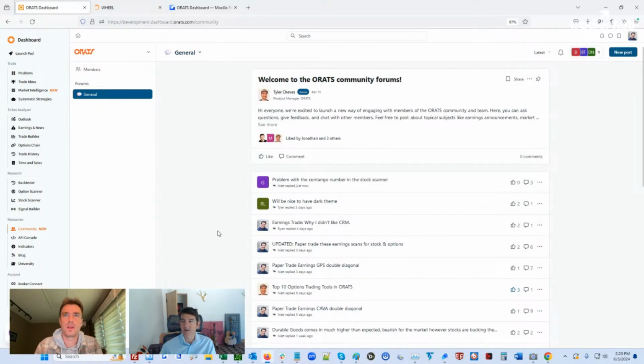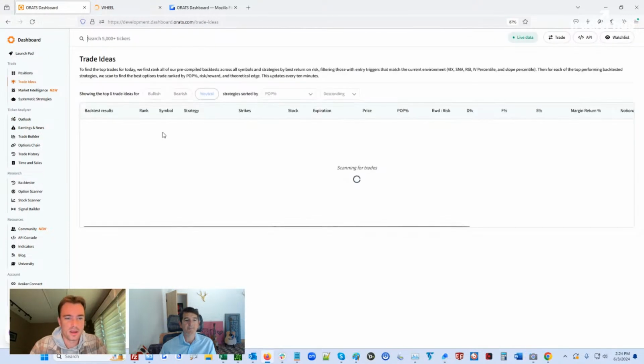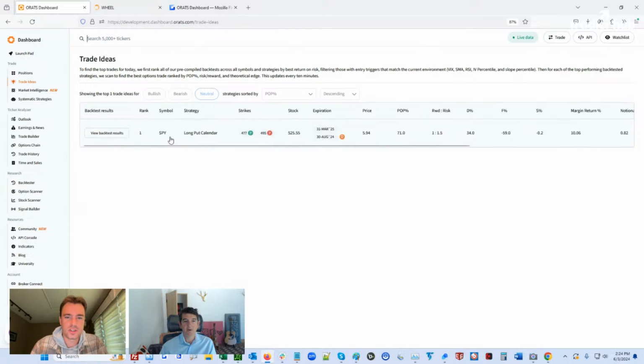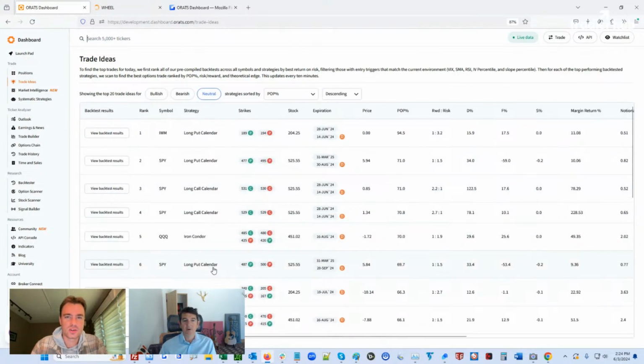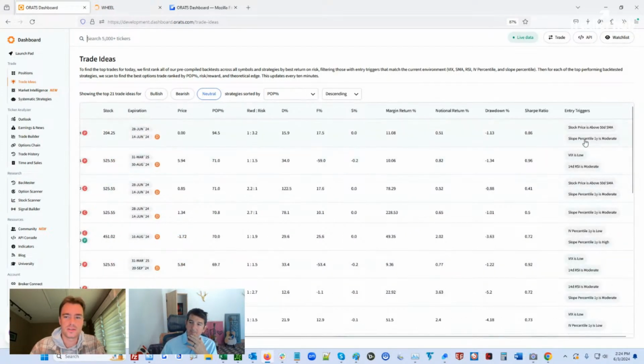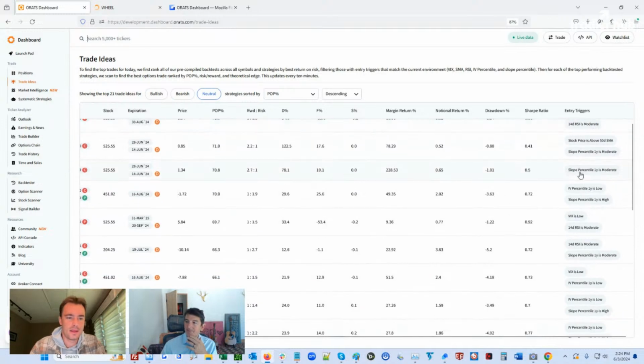One thing, Matt, is that we haven't done this show in 2 weeks. Since then, we've made some updates to the trade ideas tab. We're now only showing you backtests that have the entry triggers in the backtest. These are backtests where we've tested entry triggers such as the VIX level, the RSI, the simple moving average, the slope percentile, things like that.